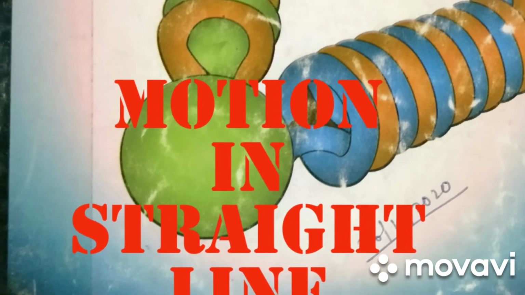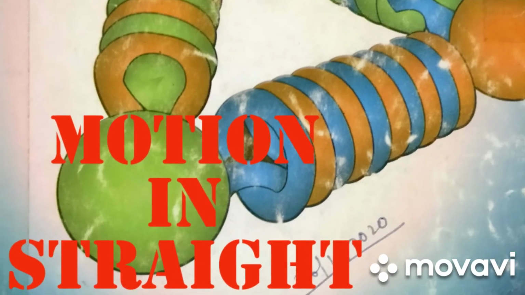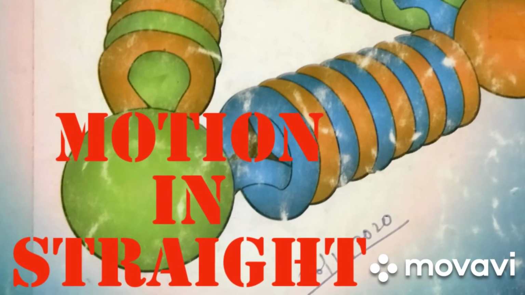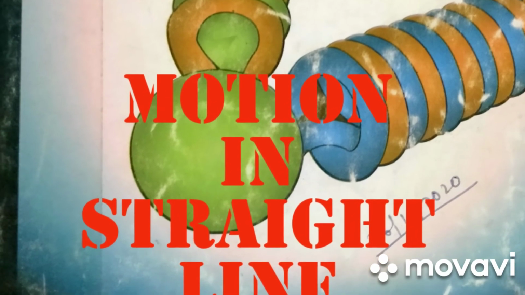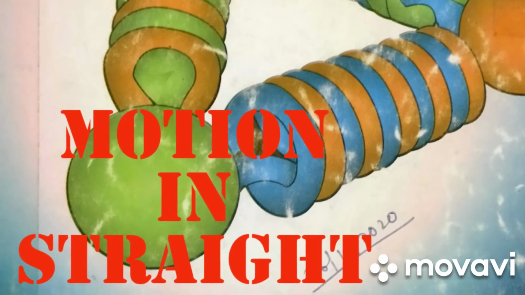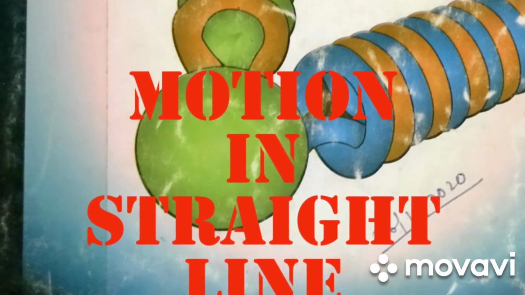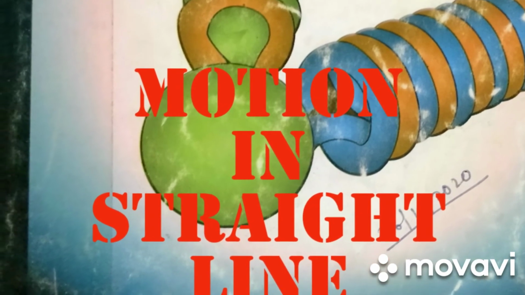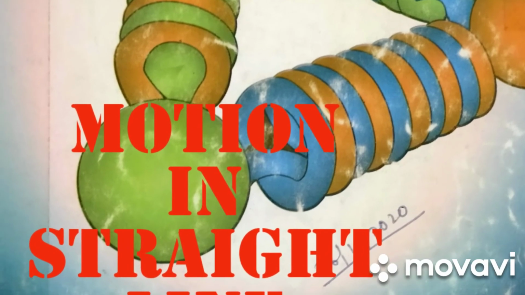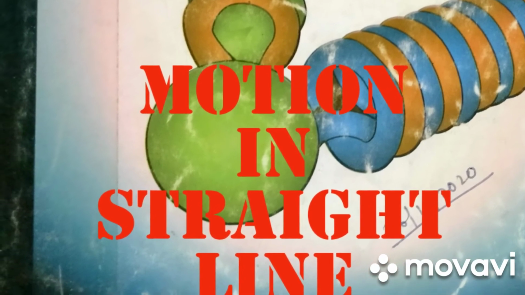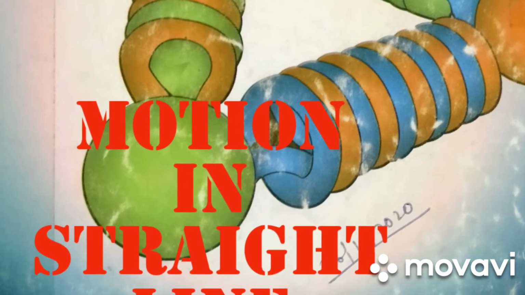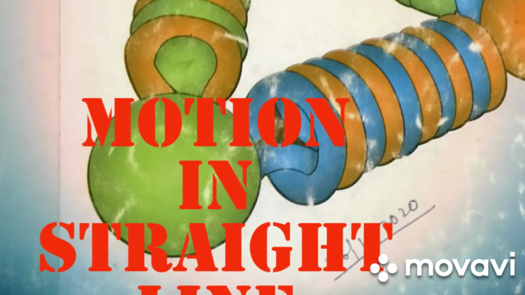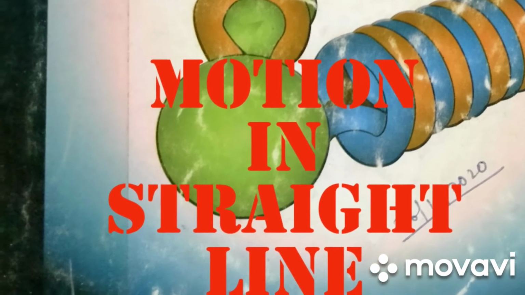We can find the velocity at which the object will hit the ground, equal to square root of 2gh. H is the height from where it has started, or the initial position from the ground, or the height you can say.